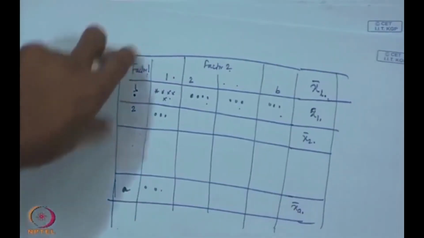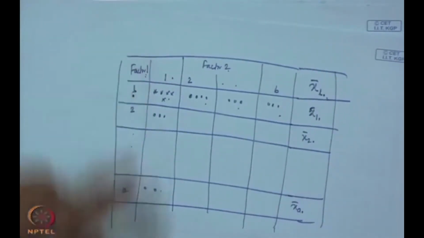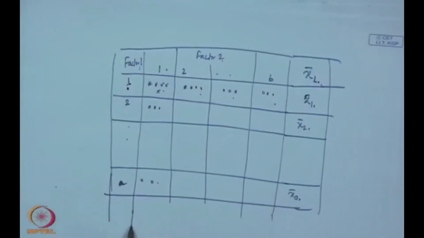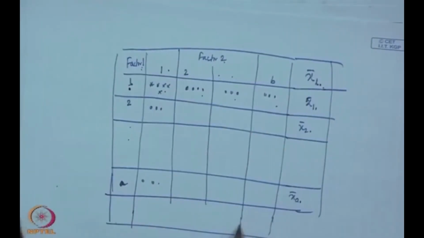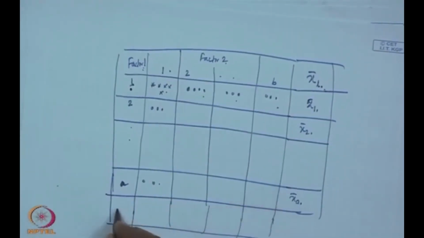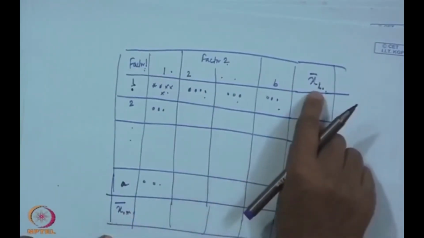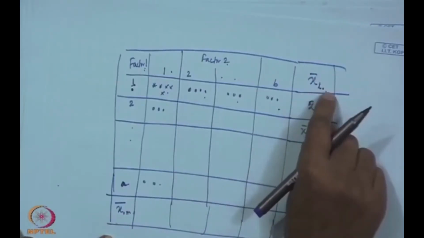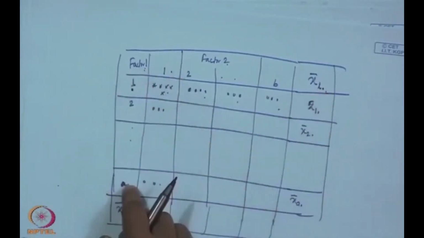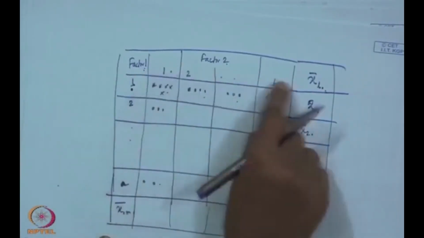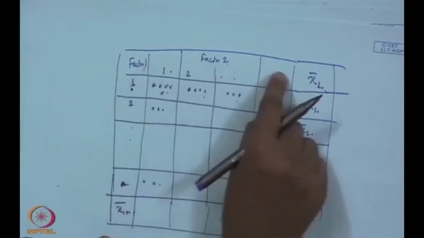Now, you ignore A, you talk about factor 2 only, then here also you will be getting average. So, this one we are denoting like this x dot m, x bar L dot, L stands for all the rows here, that is labels for factor 1, x bar dot m, m stands for labels in factor 2.